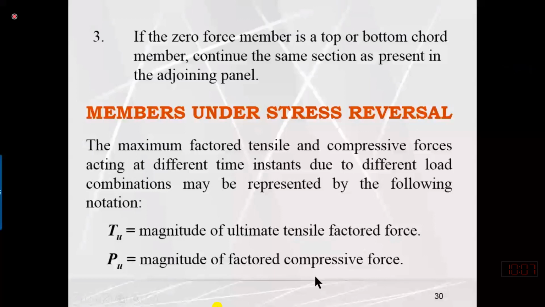Here we have to evaluate the maximum expected tensile force that a member may be subjected to during its service life, and the maximum expected compressive force that a member may be subjected to during its service life. So it means that we have both tensile forces and compressive forces in that member, but again, I'm clarifying that it is at different instances, not at the same time.